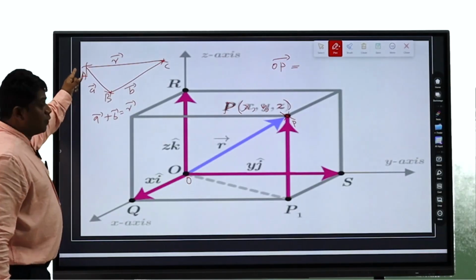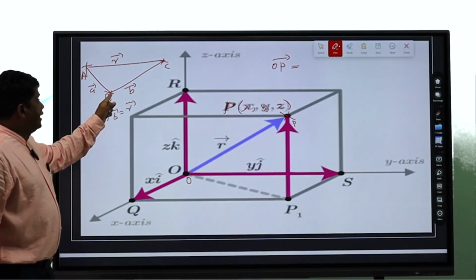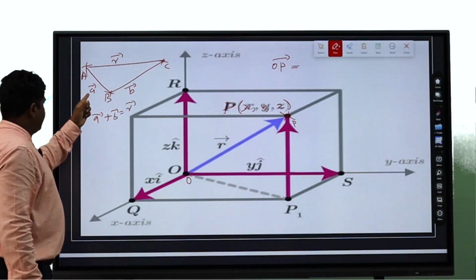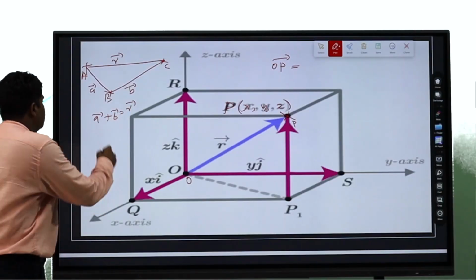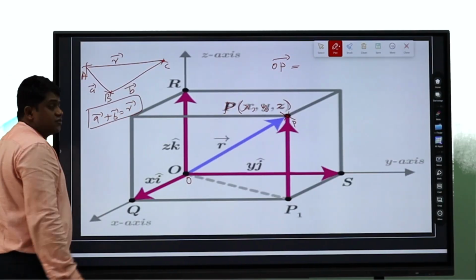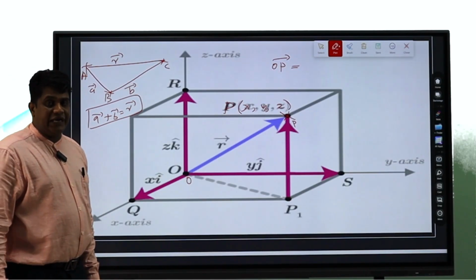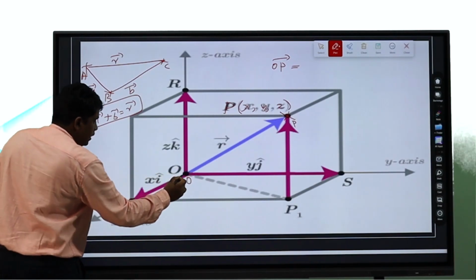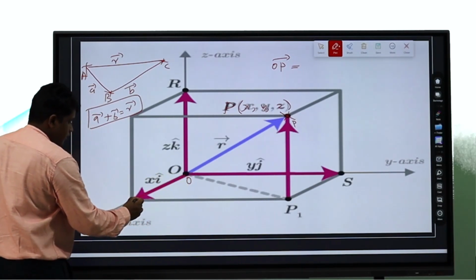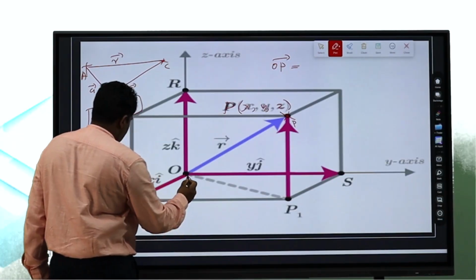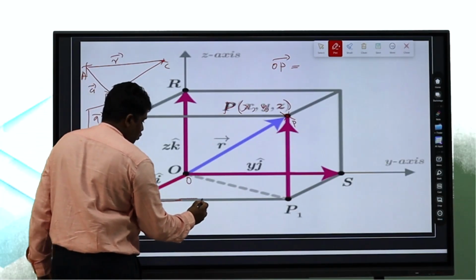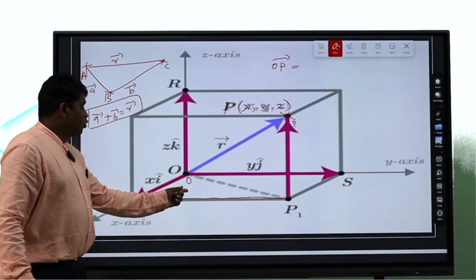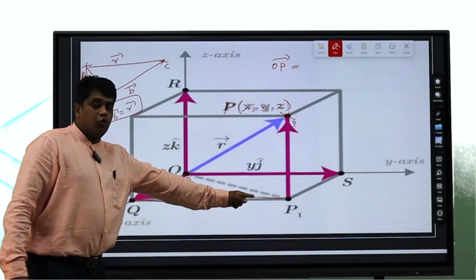A person moves from A to B, then moves from B to C, then the actual displacement is from A to C. That is vector A plus vector B is equal to vector R. This is known as the triangle law of vector addition. Look here. Let a person move from O to Q, then Q to P1. Then the actual displacement is from O to P1.